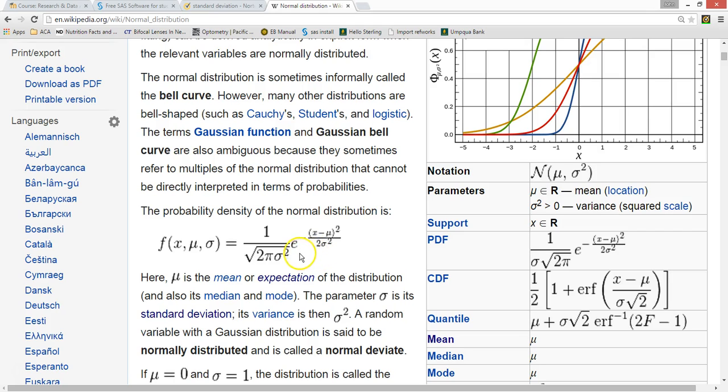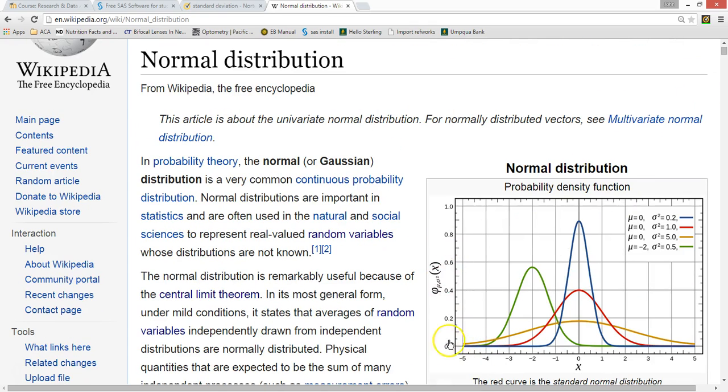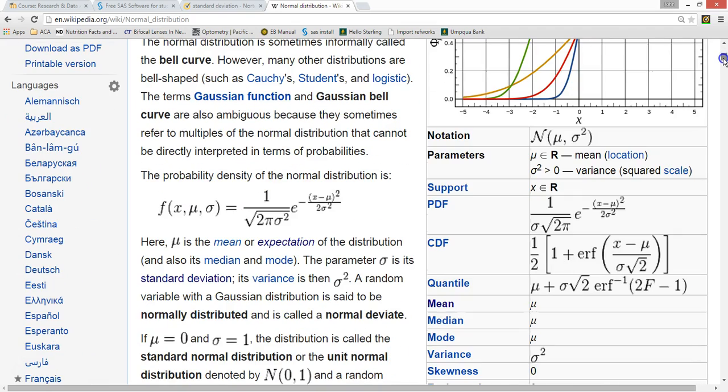But if you look at this formula, this formula right here represents the y-axis on this distribution right here. So we have the value x, and we have a y. This is not a formula we have to memorize, but you can just see there's a few familiar things in it.